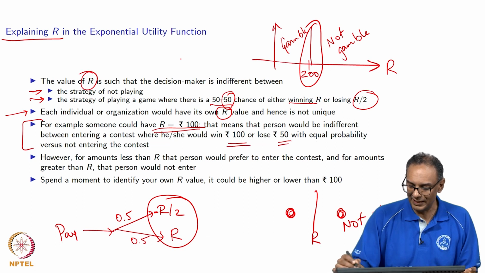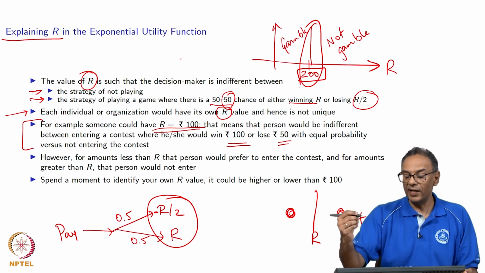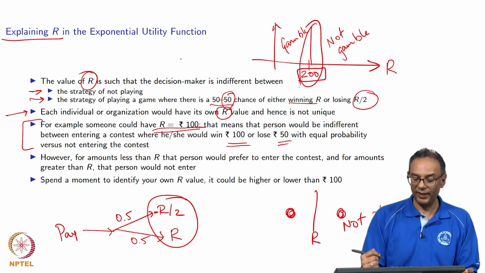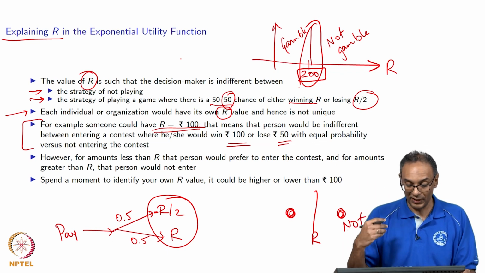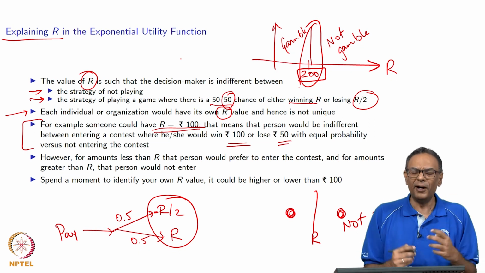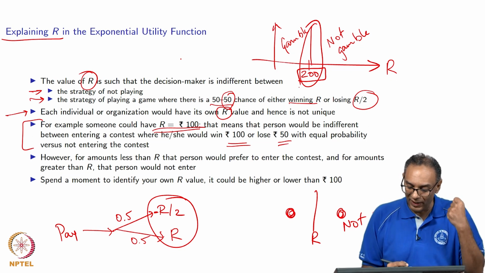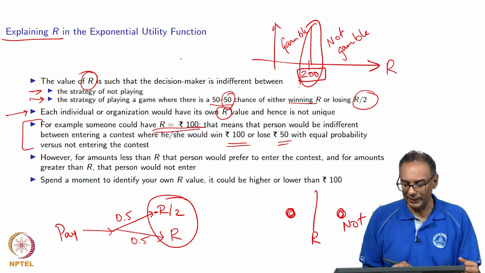So that is the same example we saw here. The probability of winning and not winning is 0.5, 0.5, and the amount of money you would win is r or lose r over 2 with equal probability. So let's think about what value of r you would like to pick for yourself. It's important to think about that.